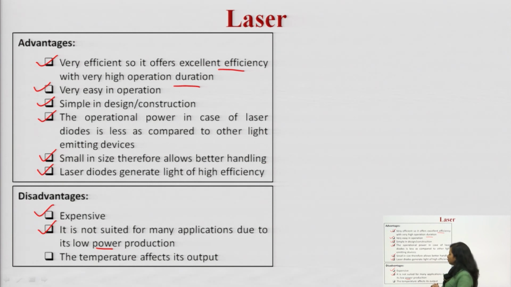So, this is not going to be suitable for those applications. And the temperature affects its output. This is the major limitation of the laser diode: if there is a variation in the temperature, the output is going to change.